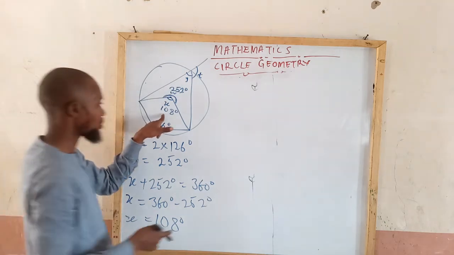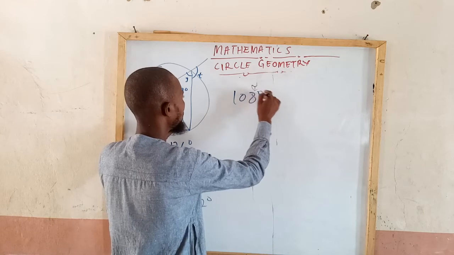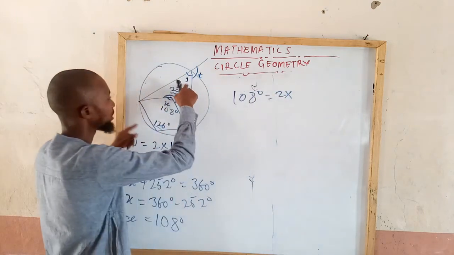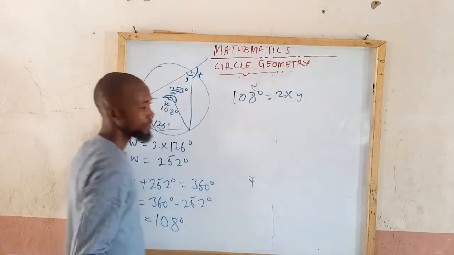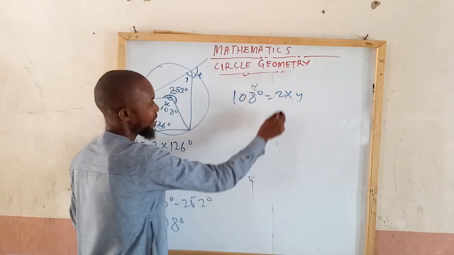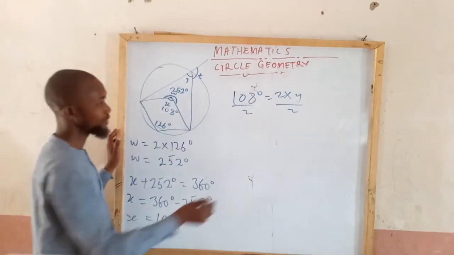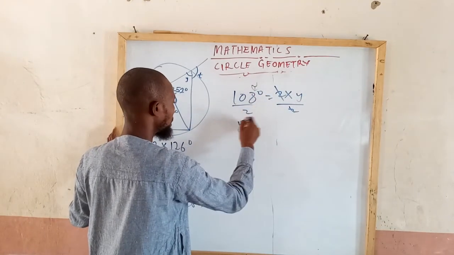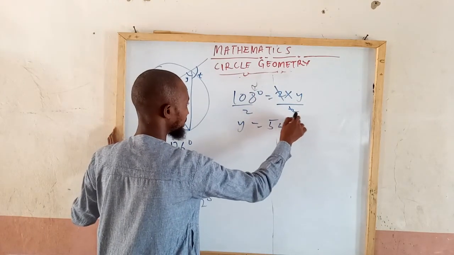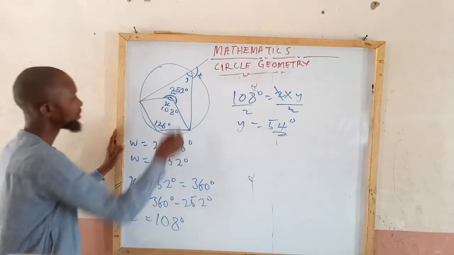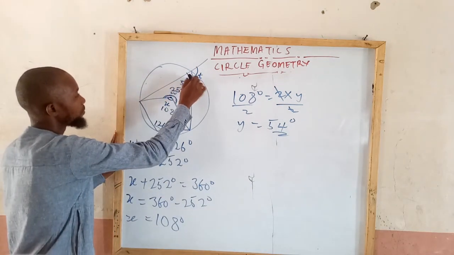So we can now say that what we have at the center here is 2 times the angle which we have at the circumference. So to get y here, both sides will have to be divided by 2. So y in this case is 54 degrees. So this place is now 54 degrees.